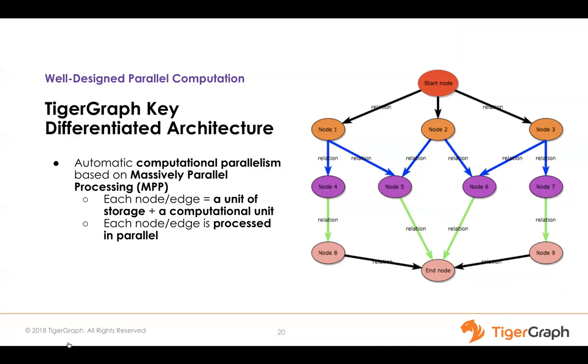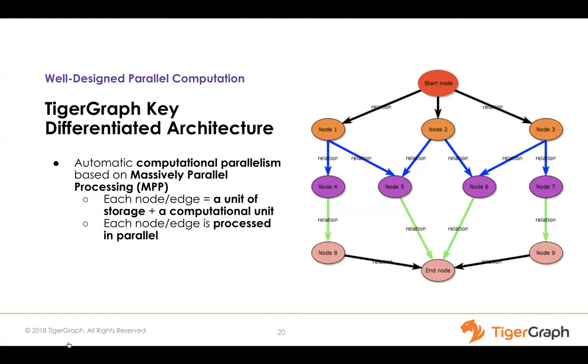Each node and edge is a unit of storage and a computational unit as well.